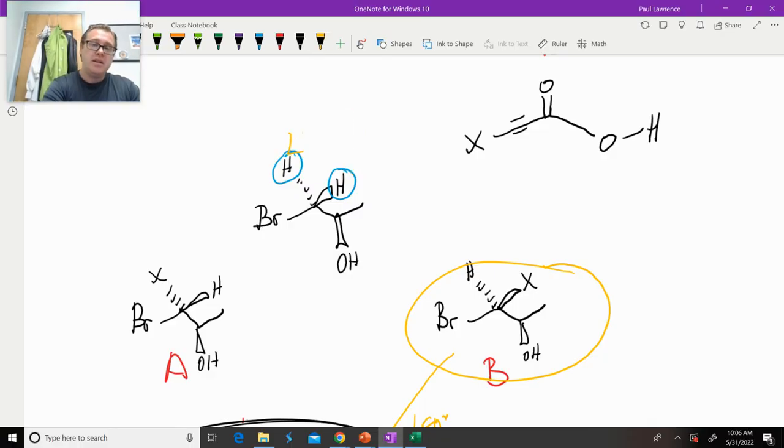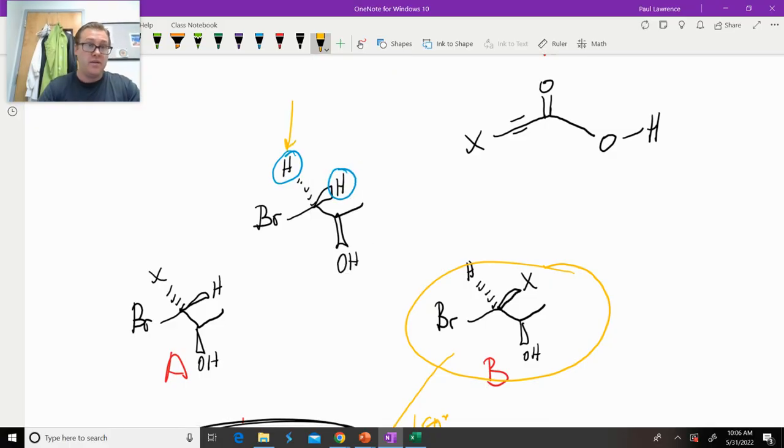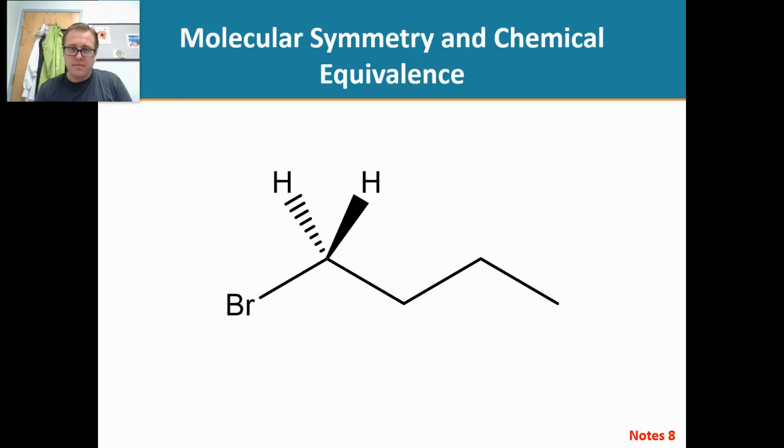So this hydrogen right here is going to give one signal, and this hydrogen is going to give a second signal. So these two protons right there are going to give each its very own signal because they are diastereotopic.